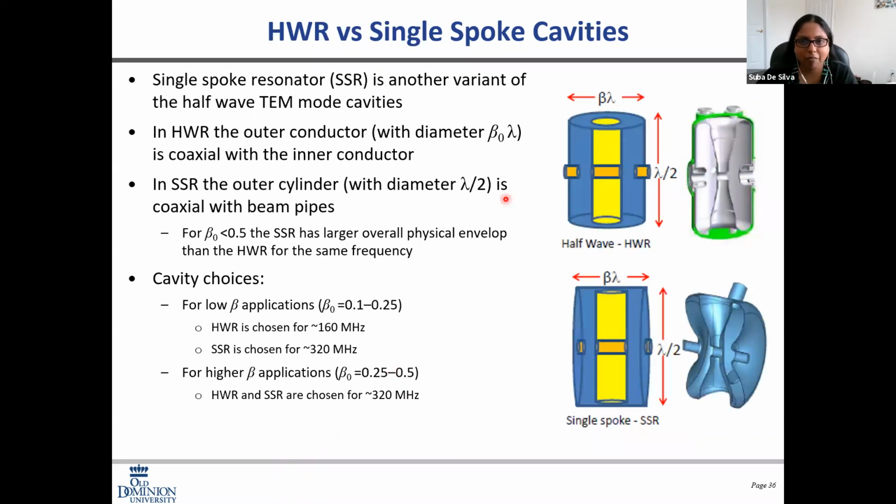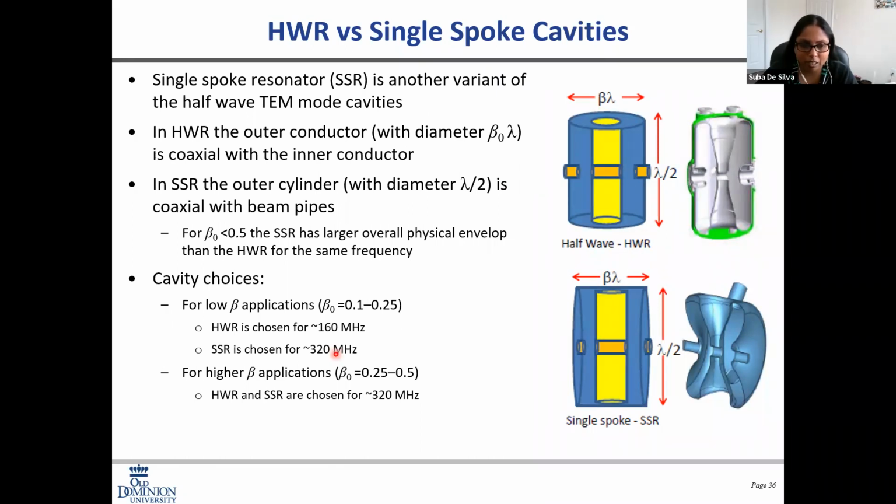So as I said, the half-wave cavity and single spoke cavities are the same dimension-wise. The only difference is that the cylinder is rotated in a different orientation. So the preferable cavity choice is that half-wave cavities are very good at very low betas, usually around 150 to 200 megahertz, whereas with spoke cavities you can go to higher frequencies, 300 to even 500.